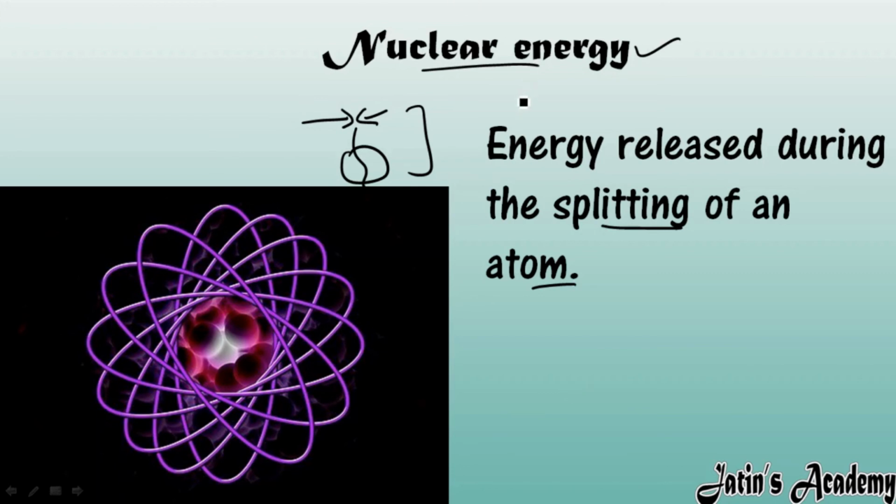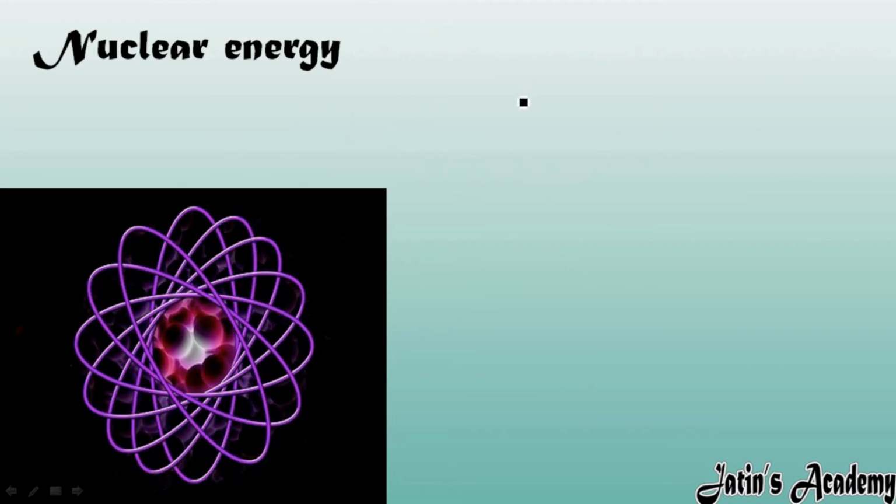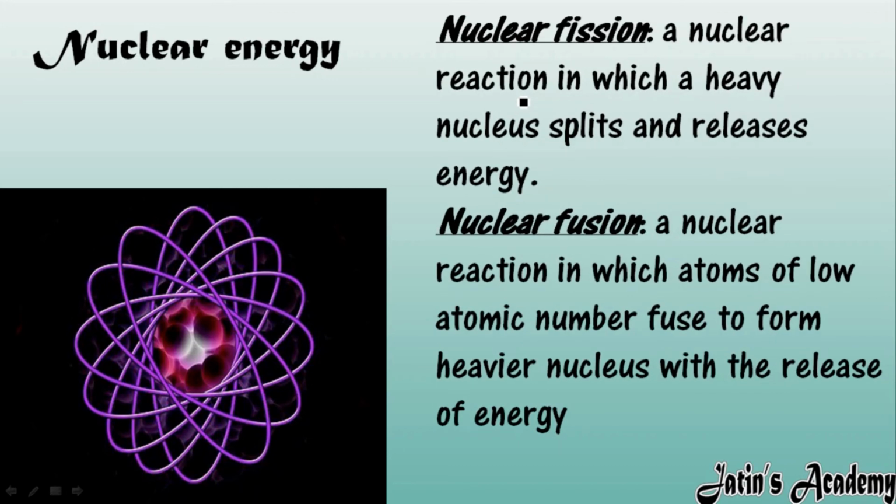Fine. Next, nuclear energy is further of two types. First we are having nuclear fission, second we are having nuclear fusion. As I told, whenever two atoms are going to combine with each other, then also some kind of energy is released, and when one atom is going to split into two parts, that time also energy is going to release. So here we are having two different definitions.